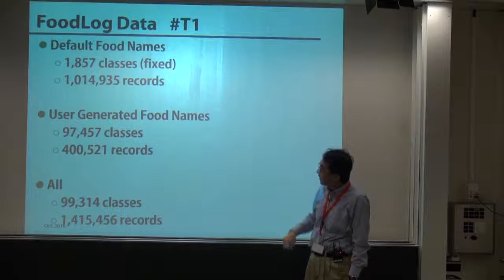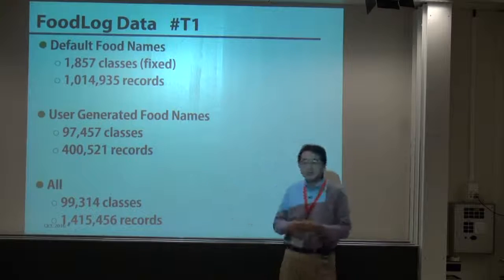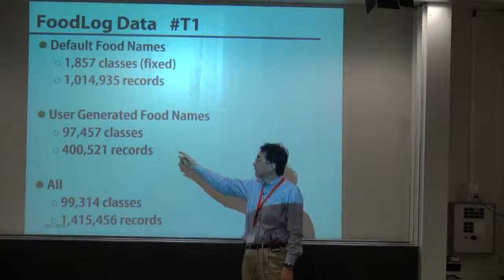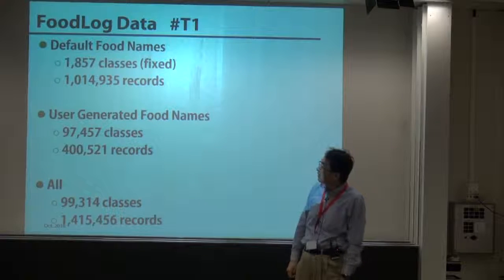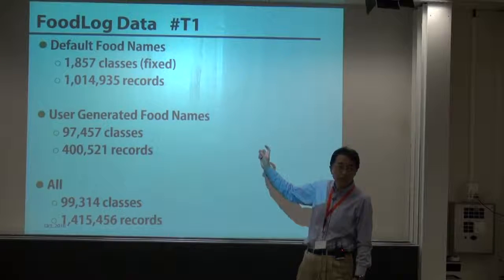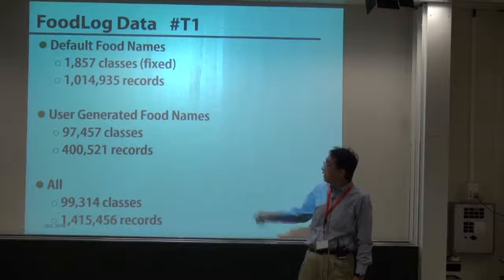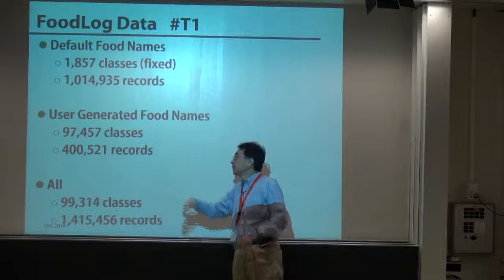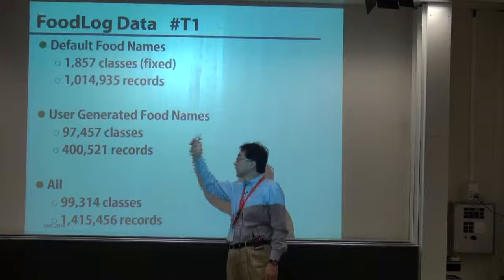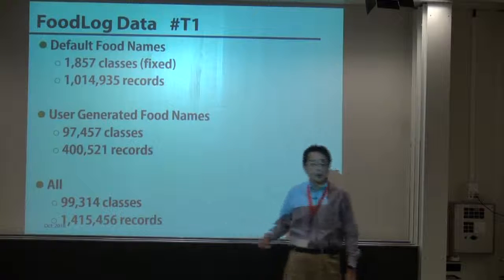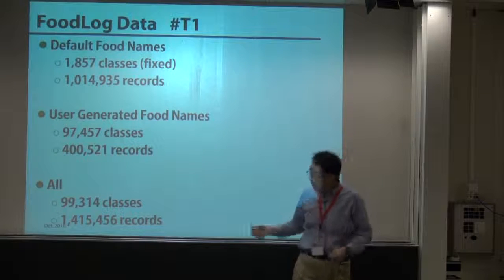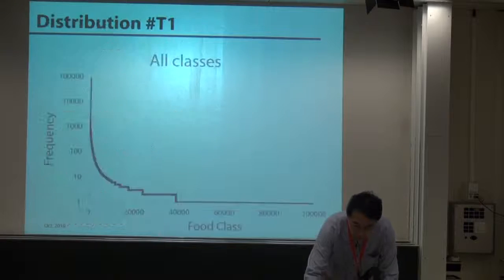On the other hand, surprisingly, users generated much larger numbers of classes: 97,000 classes, 50 times larger than the default, are generated by users. But they contain 400,000 records. And in total, at this time instance, we had approximately 100,000 classes.